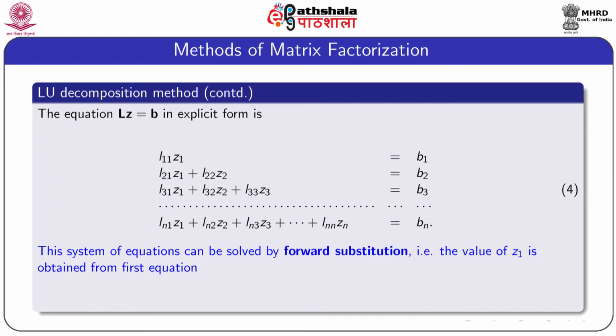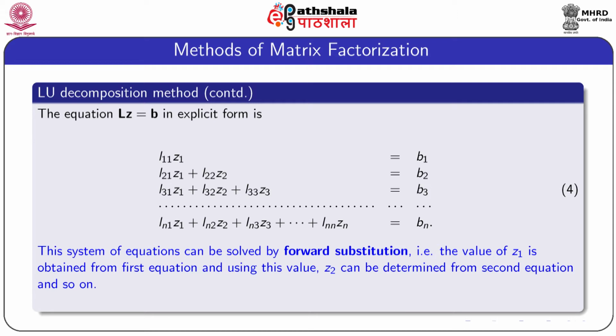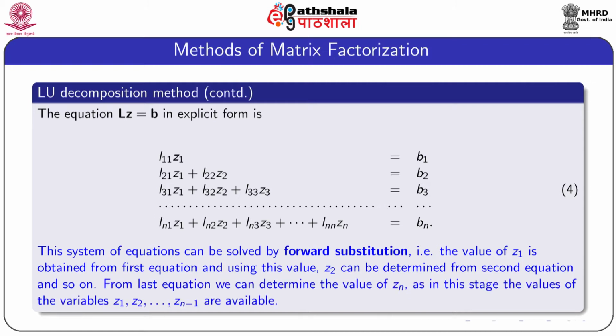That is, the value of z1 is obtained from the first equation, and using this value, the value of z2 can be determined from the second equation, and so on. From the last equation we can determine the value of zn, as in this case the values of all other variables, say z1, z2 up to zn minus 1, are available.